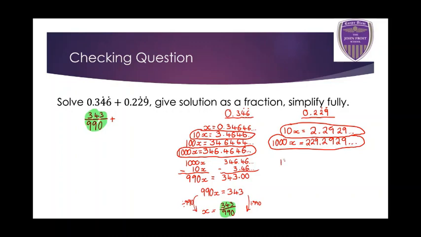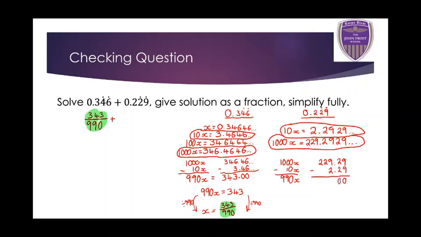So once again, 1000x, take away 10x is 990x. 1000x was 229.29, and we're going to take away 2.29.